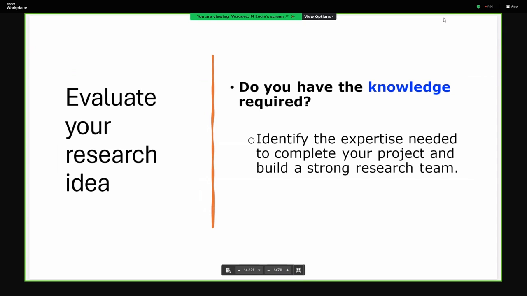I'm not an expert in machine learning, so I could incorporate somebody else. Think about what areas you need to put together a very strong proposal, and build your team based on those areas of expertise.